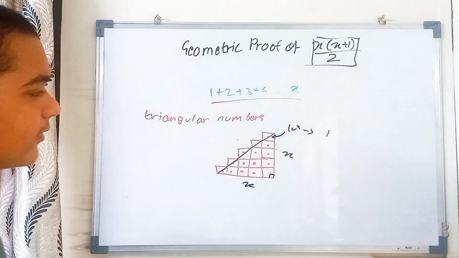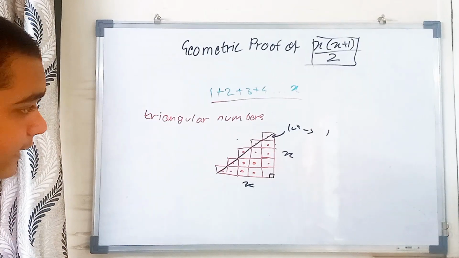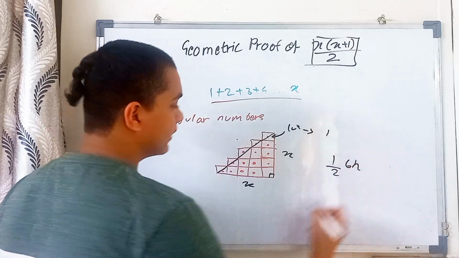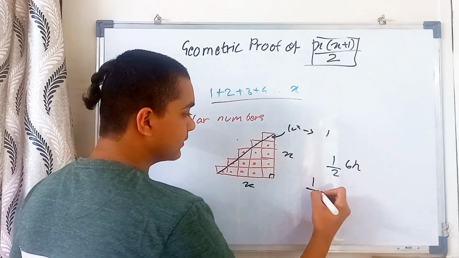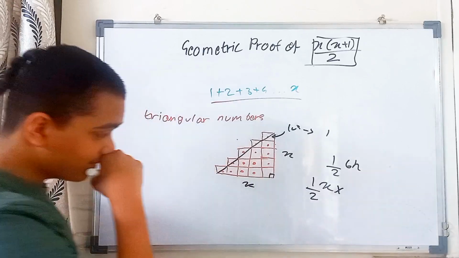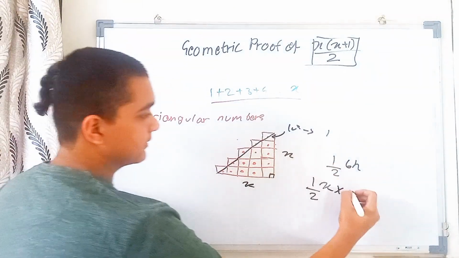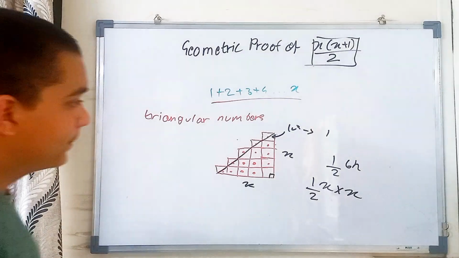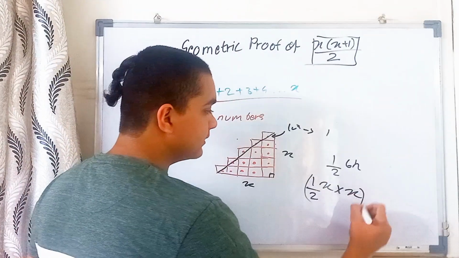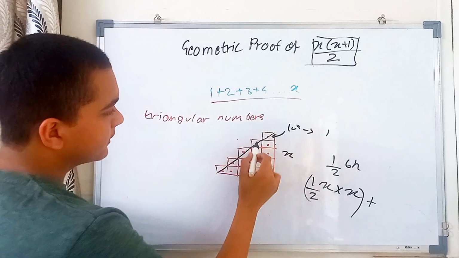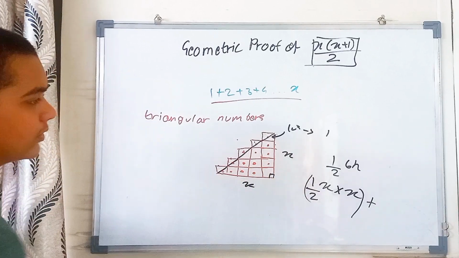And the formula for the area of a triangle is half base into height. The base is x, so half x into x, and we're adding this to the area of these little dots.